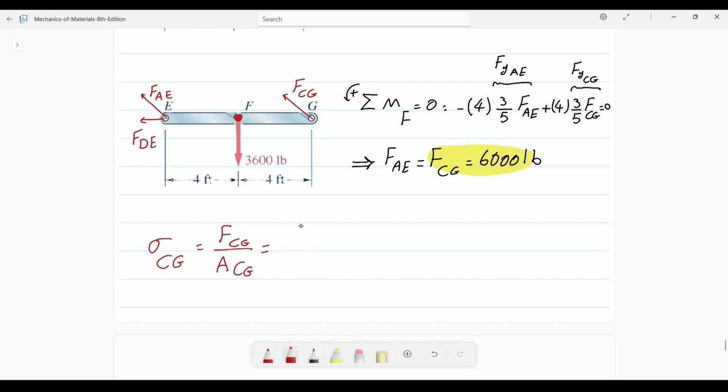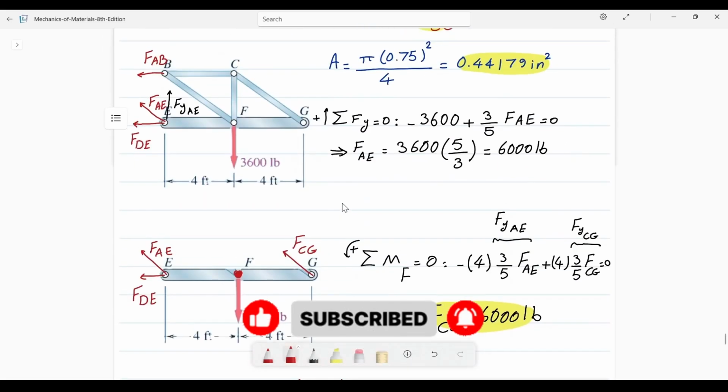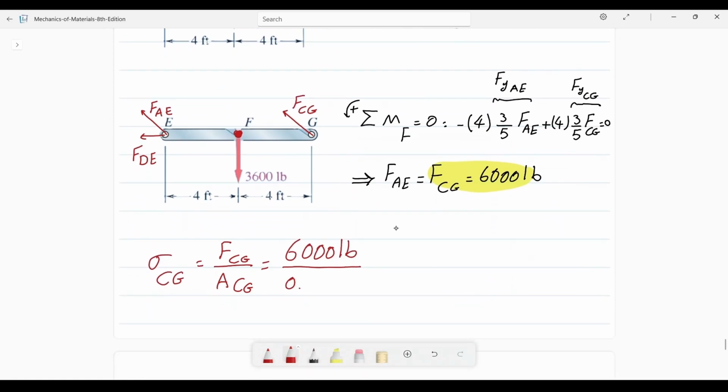It means 6,000 pounds divided by 0.44179 square inch.